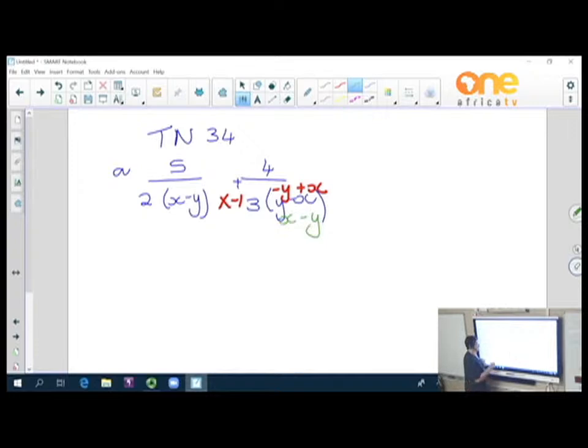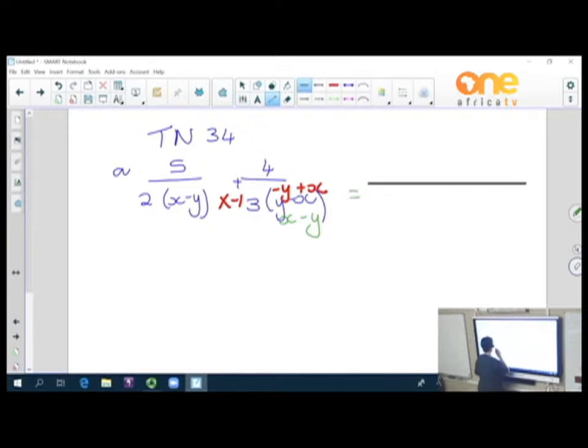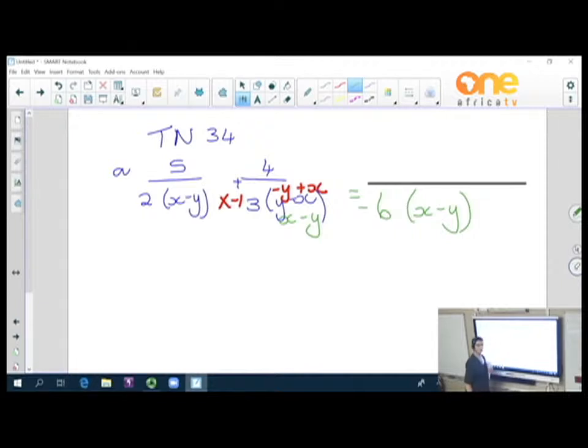So now I can say that this is my LCM. So I need a 2 and a 3, which makes it 6, and I need x minus y. These two are now similar there. Just look that I also have that negative, so it's now a negative 6. Now you could put it below or at the top at the numerator, that doesn't matter.